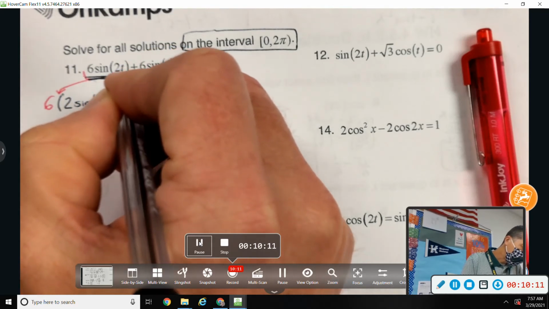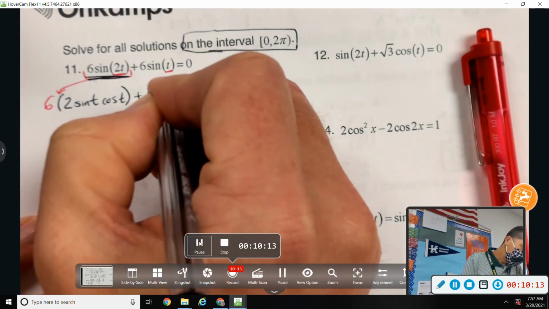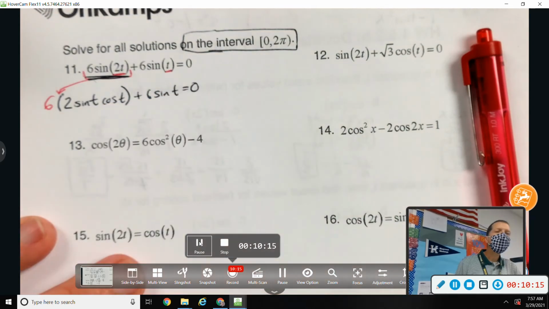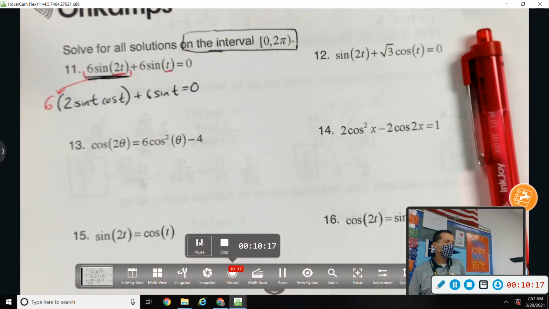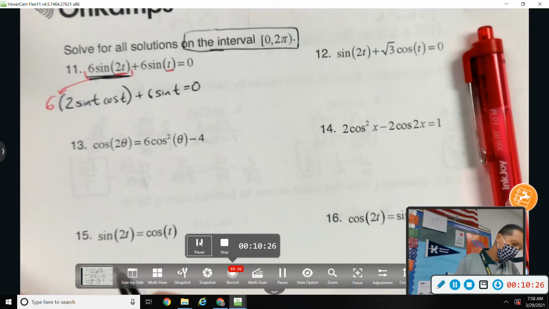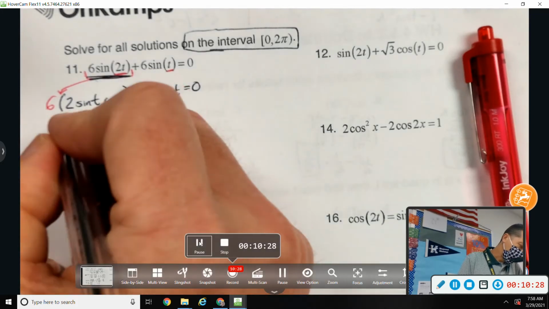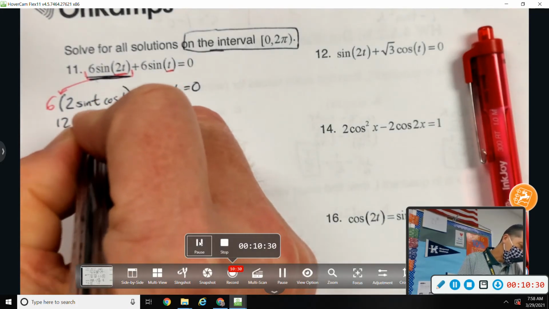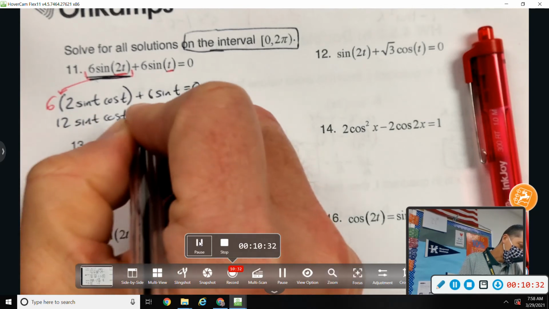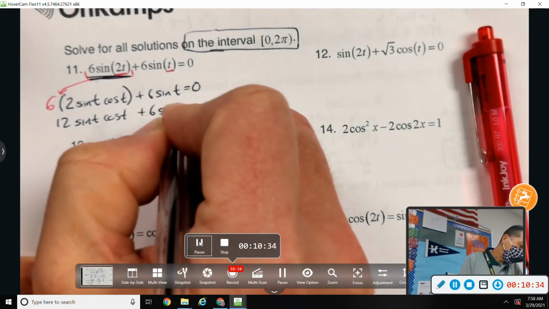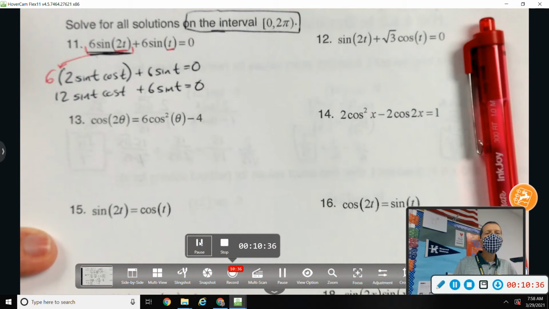You have to write small when we get all of these in. And that 6 is still out there, so that's 12 sine t cosine t plus 6 sine t equals 0.